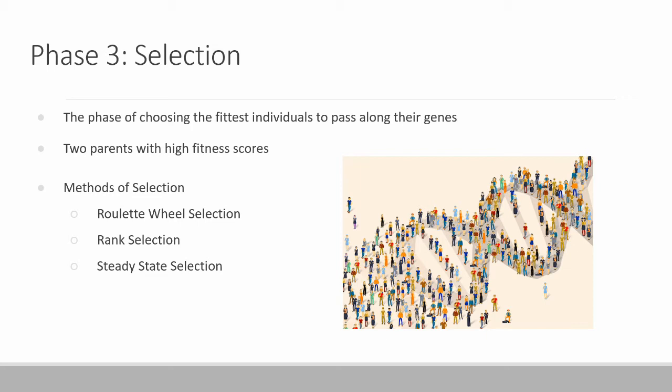In these methods, the better the fitness, the higher chance there is for that individual to be chosen as a parent. The steady state method, on the other hand, uses high fitness level individuals to basically create replacements for lower fitness level individuals, and then the population remains the same.